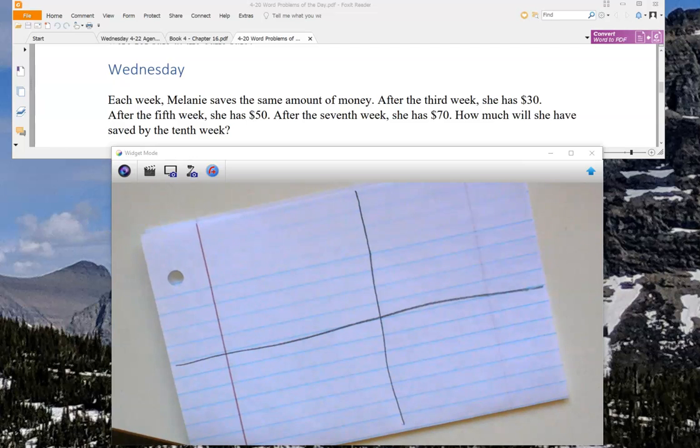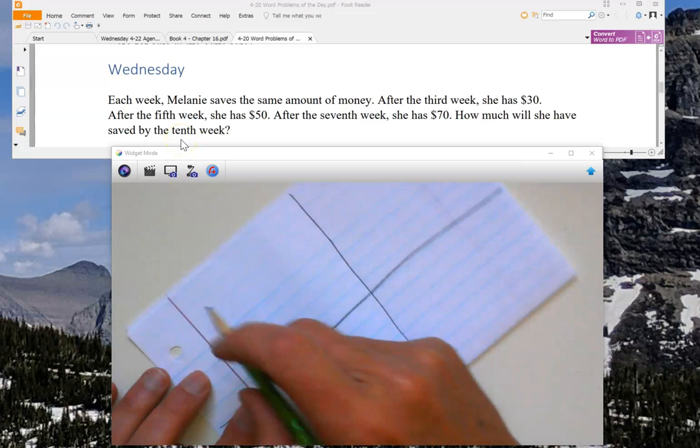So the first thing I will do is start with an answer sentence. Let's see, what should I do for this one? How much will she have saved by the 10th week? So I'll just write it like this.